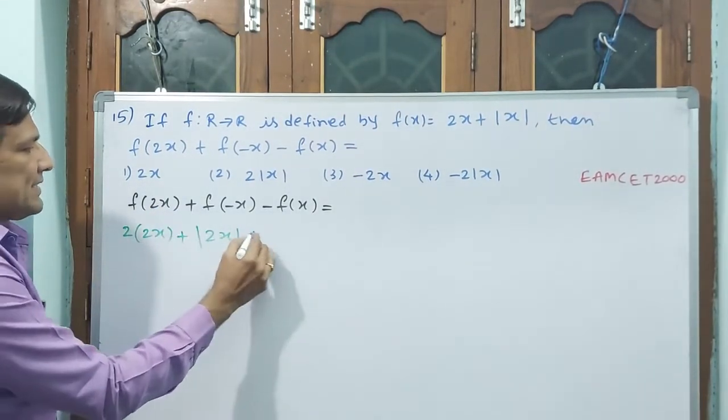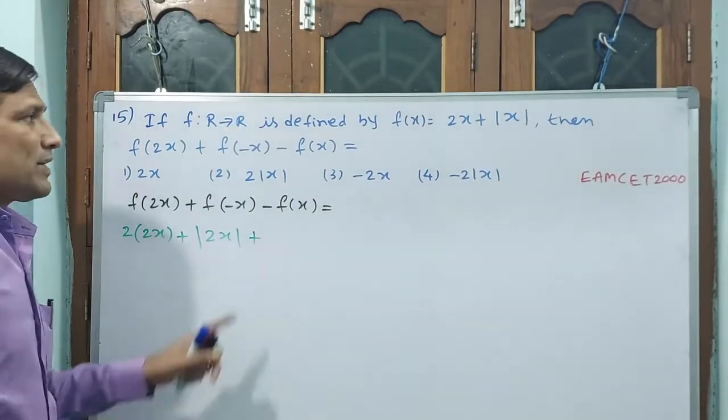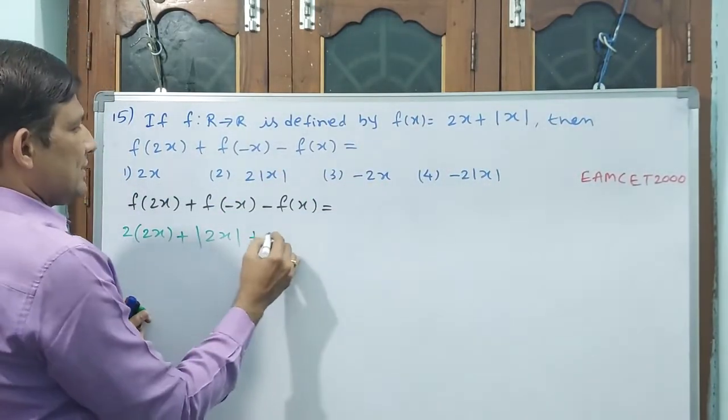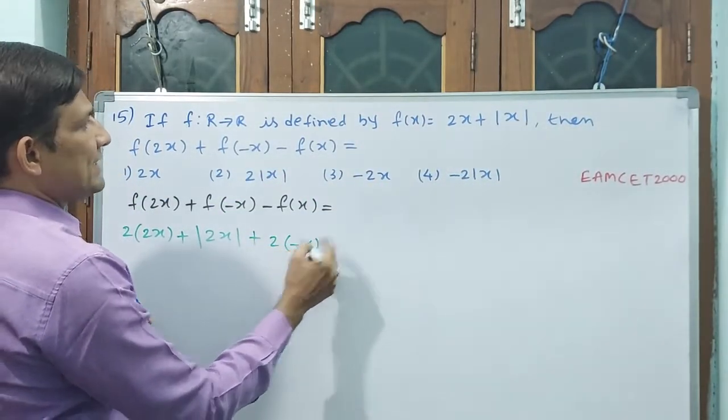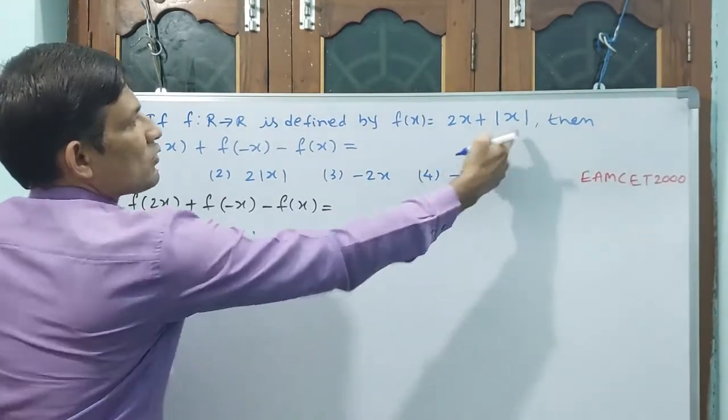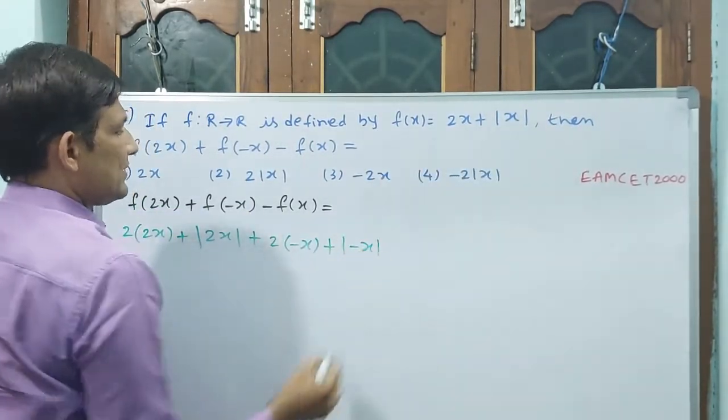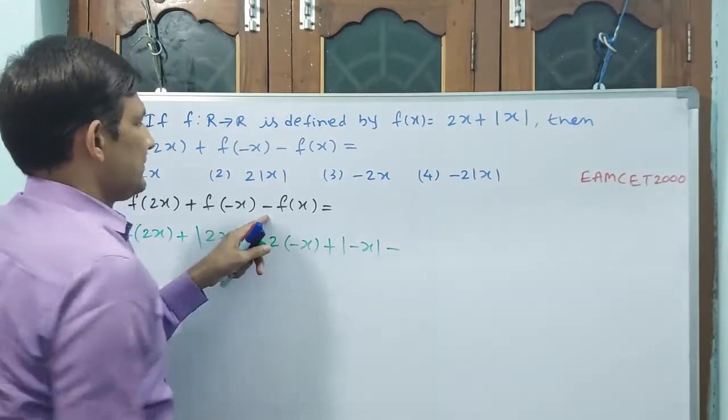Plus f of minus x. In place of x you have to substitute minus x: 2 into minus x plus modulus of minus x. Minus f of x.